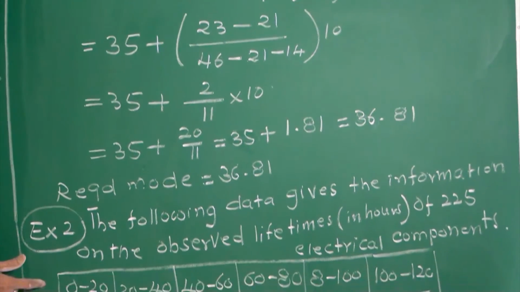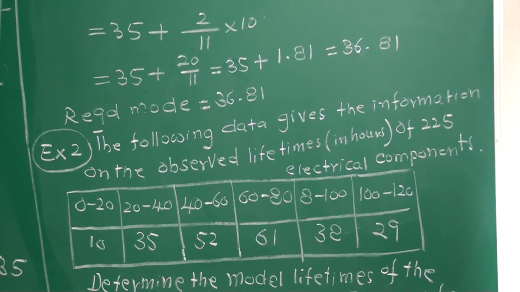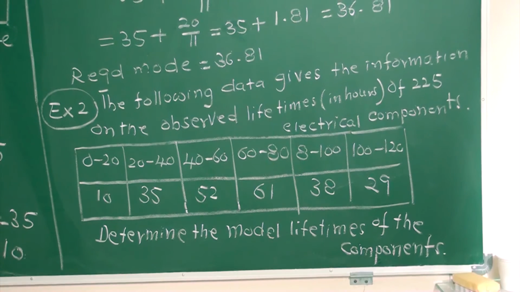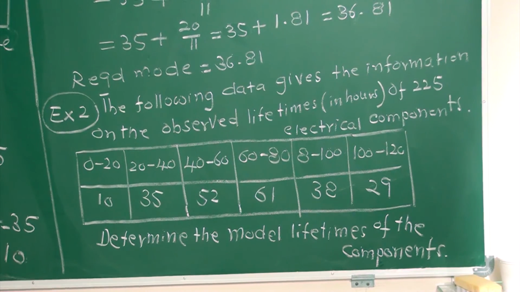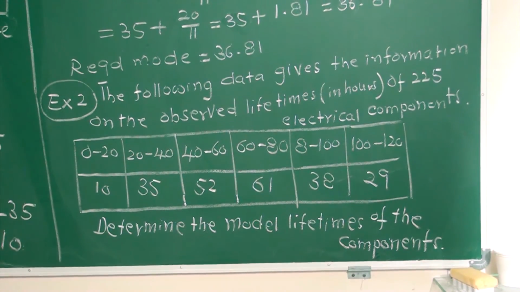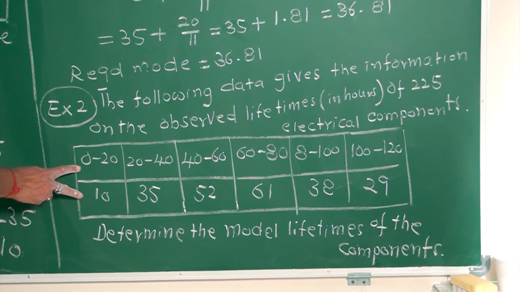This is the second example of exercise 13.2. The following data gives the information on the observed lifetimes in hours of 225 electrical components. This is the frequency distribution table.